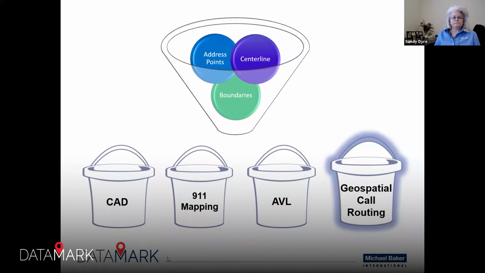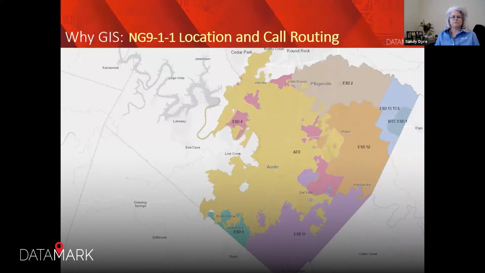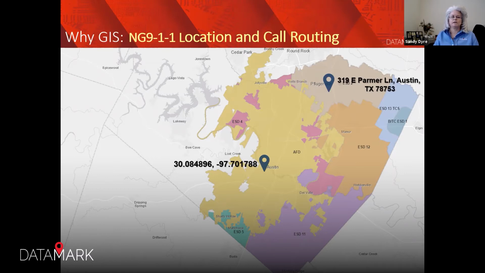Now, the easiest way to describe next generation 911 for your comm center, whether you're a dispatcher or a GIS person trying to explain it, is that today you have a 911 map and you receive a 911 call and your call will plot against the 911 map.